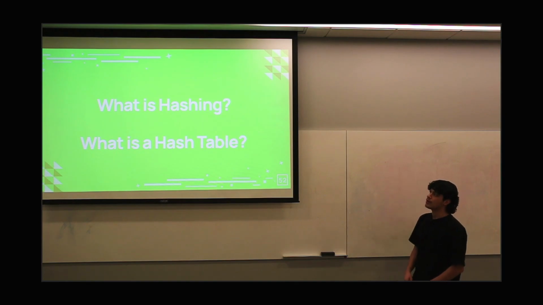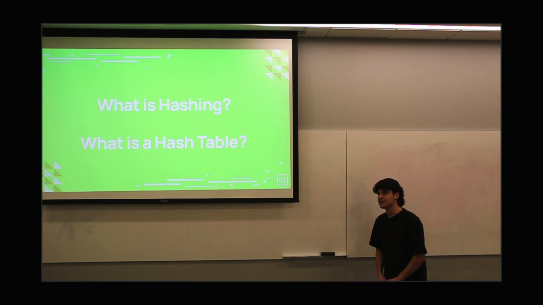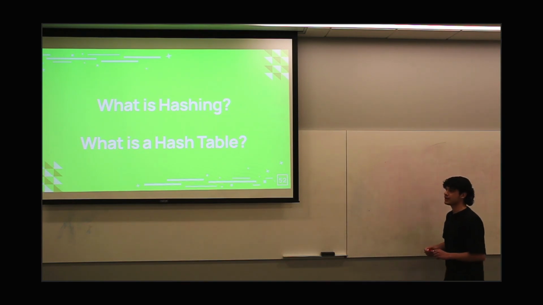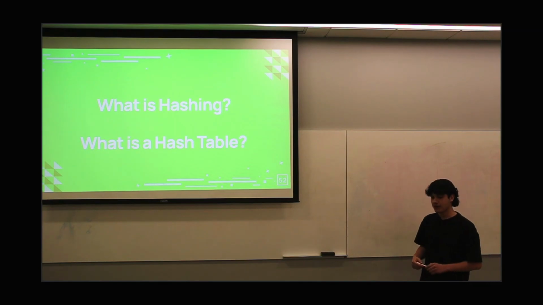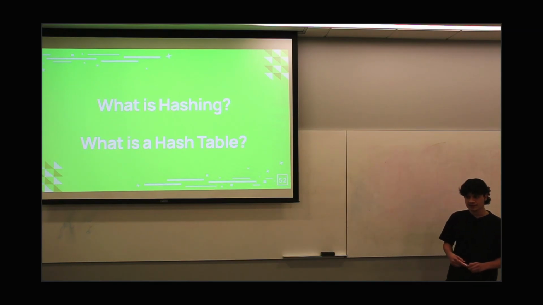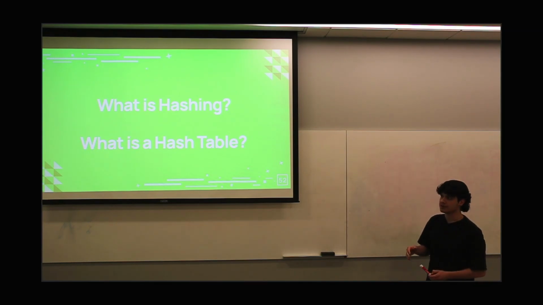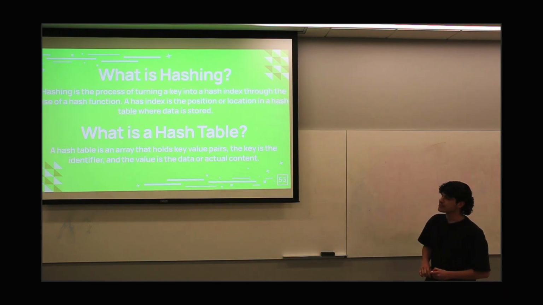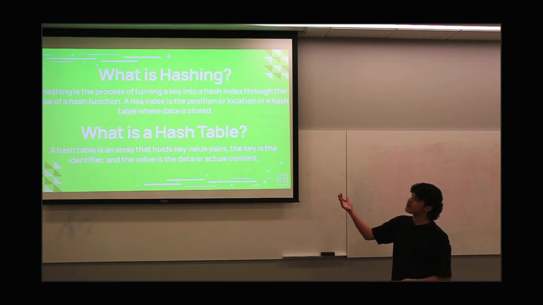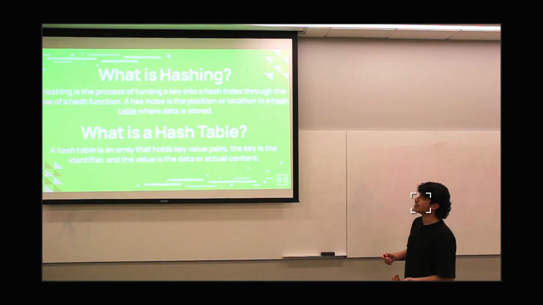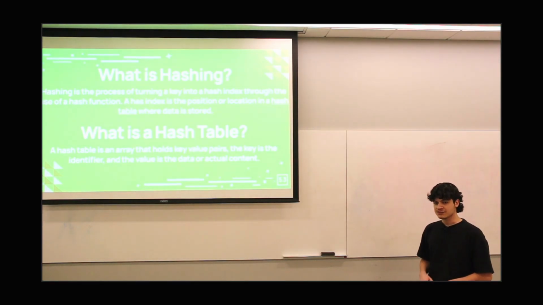Basically, when you hash something, you take in a key, pass it through a hash function, and then you get an index. Hashing is the process of turning a key into a hash index through the use of a hash function.